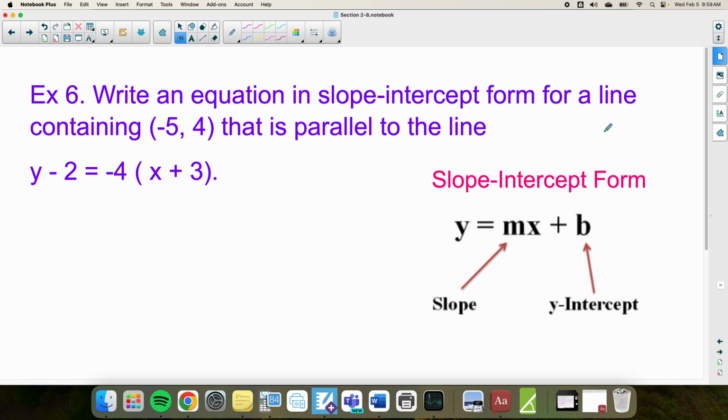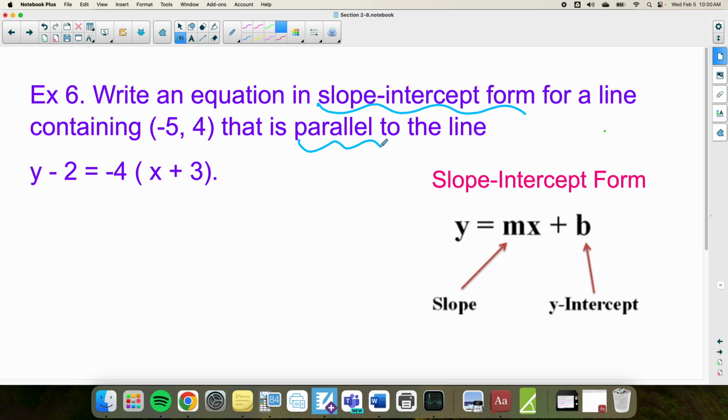Now, if we go to this page, this is probably the hardest part of this lesson. And what happens is they give you a point and a line, and they're asking you to write an equation in slope-intercept form that is parallel to this line, okay? Can you tell what the slope of this line is?